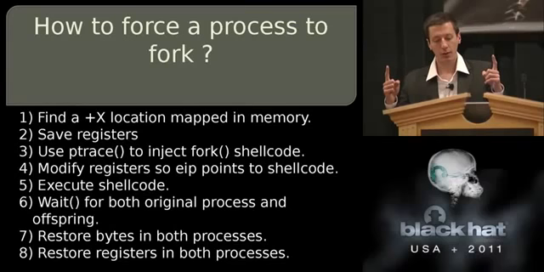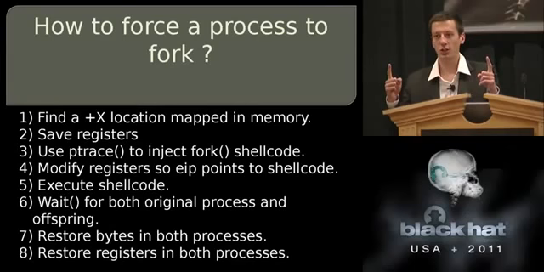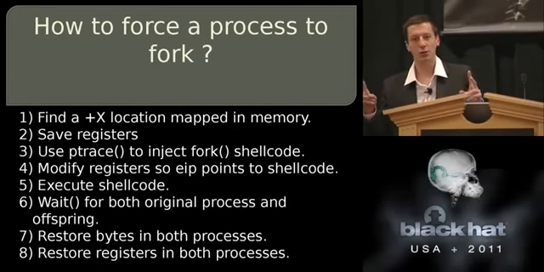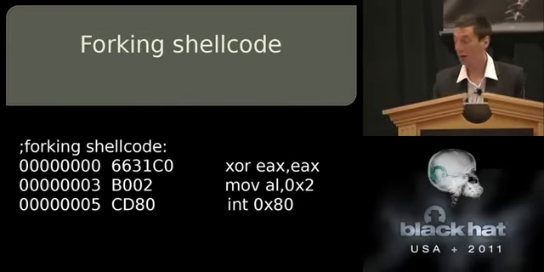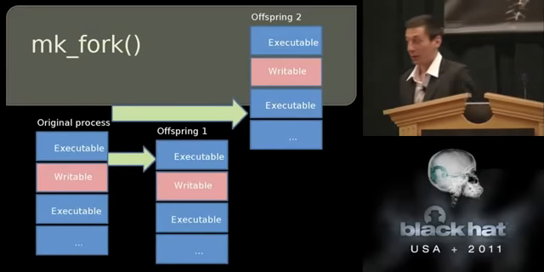We restore the modification we've just done when injecting the shellcode. So we patch back a few bytes in both processes, and we restore registers in both processes. Yeah, the shellcode for just forking is pretty simple. Okay, so it works like that.